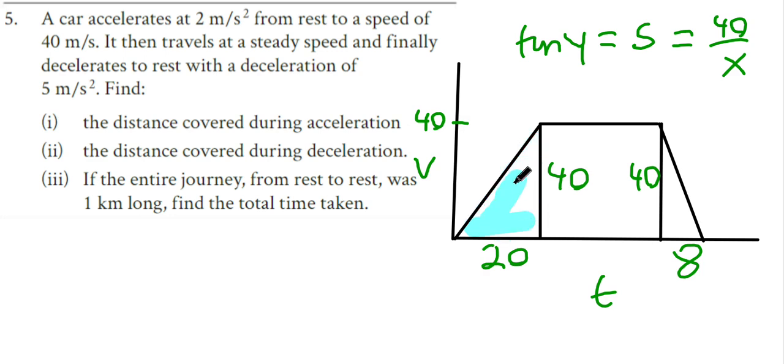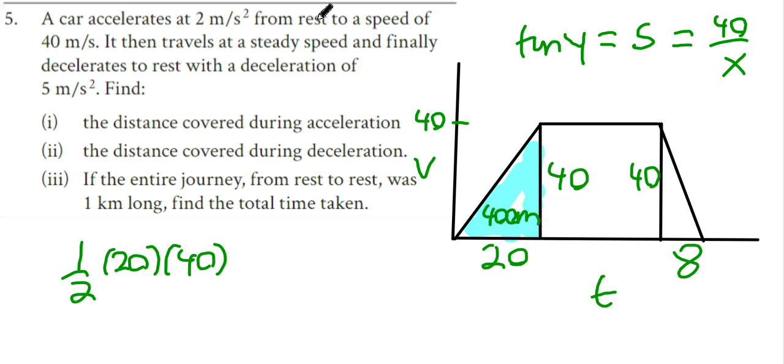So how do you get the area of this triangle, lads? Half base times height. So a half of 20 times 40, and we're going to get 400. That there is 400 meters. Okay with you guys?